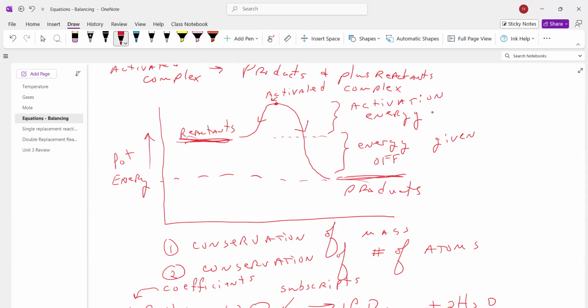So that difference between the product's potential energy and the reactant's potential energy is converted to kinetic energy. That's known as heat. So this energy given off is usually observed as heat.